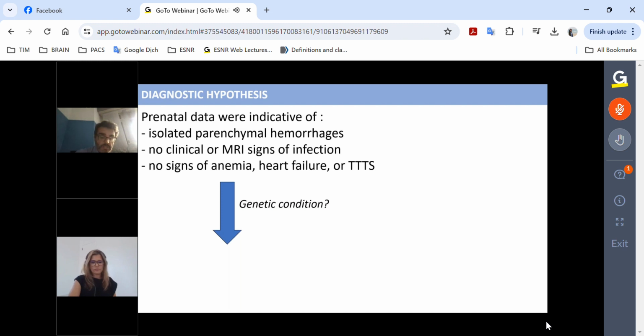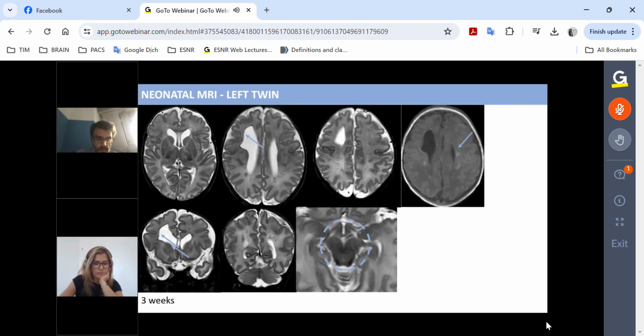We suggested the gynecologist look for a specific mutation in the COL4A1 gene, and actually the results arrived after birth, but those twins were mutated for the COL4A1 gene, and we will see in a bit what it means.